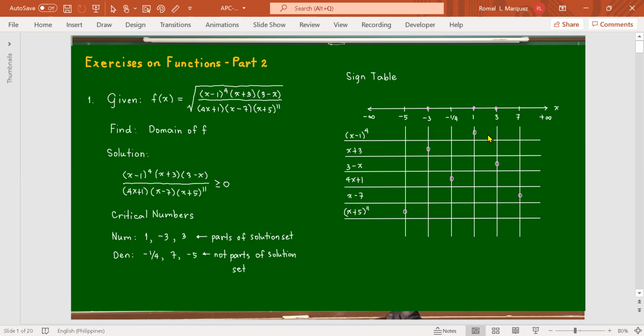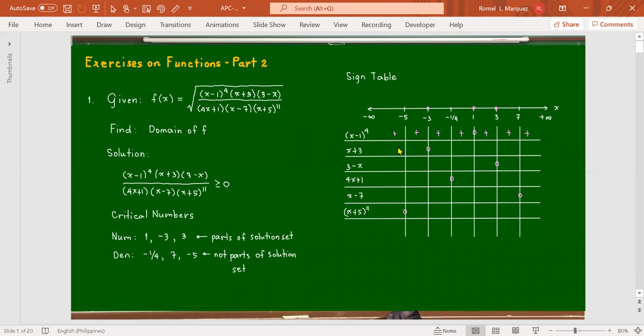To the right of 0, this expression is always positive, right, guys? Because it is raised to 4. And even to the left of 0, it is always positive. Whatever number you input for x, in every interval that we have here, this is always positive.